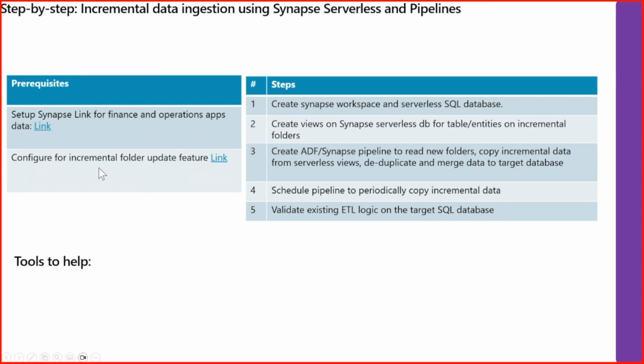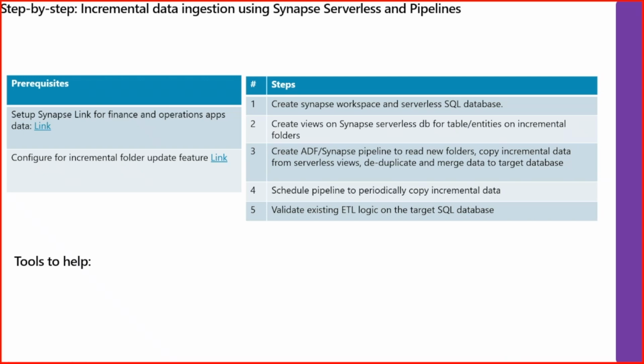Then you configure the incremental folder update feature in the Synapse Link, and I'll walk you through that experience as well. Then we will show a sample pipeline, which will be able to copy the data from Synapse Serverless to an Azure SQL database, an on-prem database, or even a Synapse dedicated pool. That's fundamentally the logic we are going to demo today.